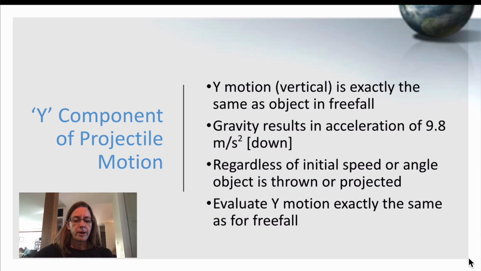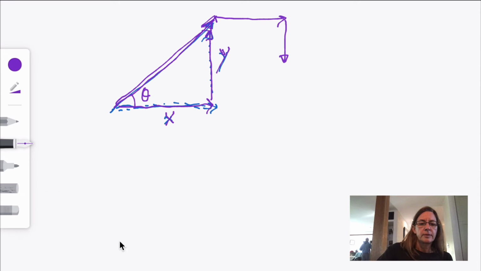So we've already practiced evaluating objects in free fall, and we know how to determine things like its initial velocity or displacement. And we also know that the acceleration of an object in free fall is 9.8 meters per second squared downwards, regardless of the initial speed or the angle that it's initially thrown or projected. We evaluate the y motion exactly the way that we've done earlier.